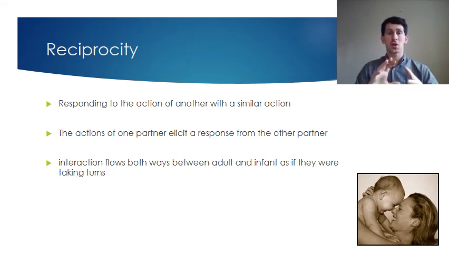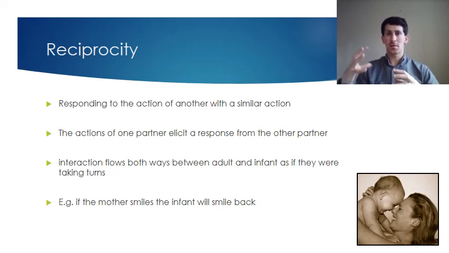And it's almost as though they're taking turns in the actions. So the mother will do an action, then the child will do an action. Then the child will do an action, the mother will do an action. So the interaction flows both ways between infant and primary caregiver. So for example, if the mother smiled, the child would smile back at them. Okay, that would be an example of reciprocity because they're both taking it in turns.